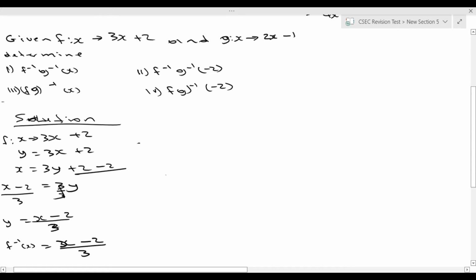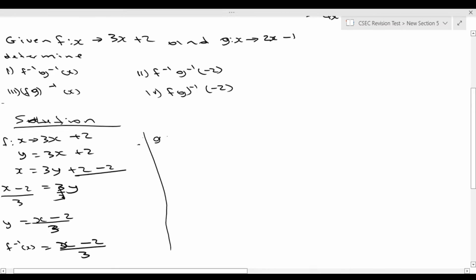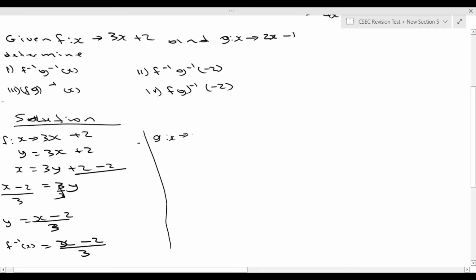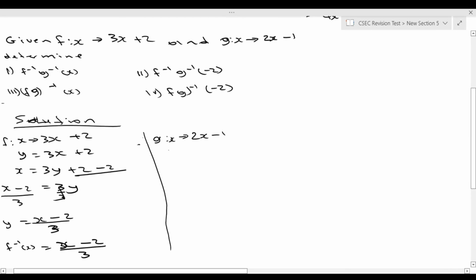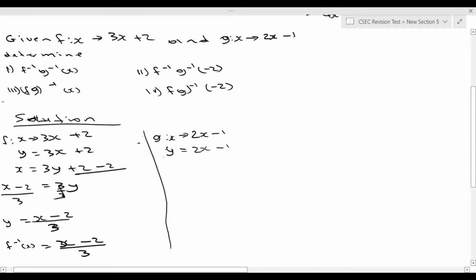However, we're asked to find f inverse and the g inverse. So our g of x is equal to 2x minus 1. The first step to find the inverse of the function is to define it: y is equal to 2x minus 1.